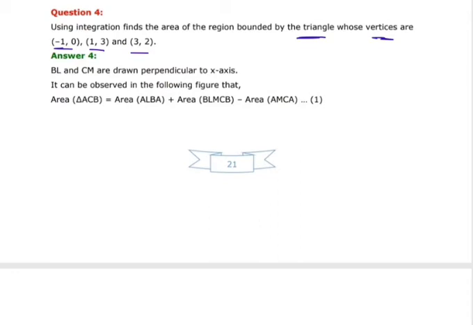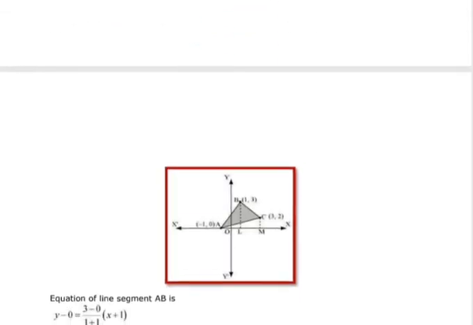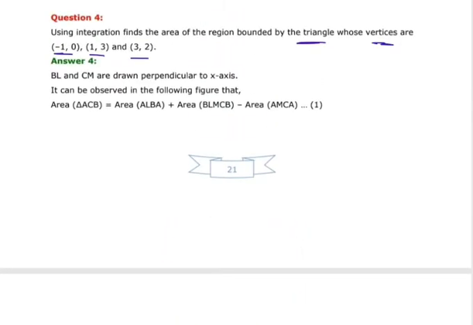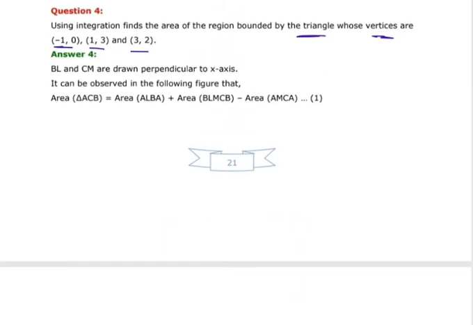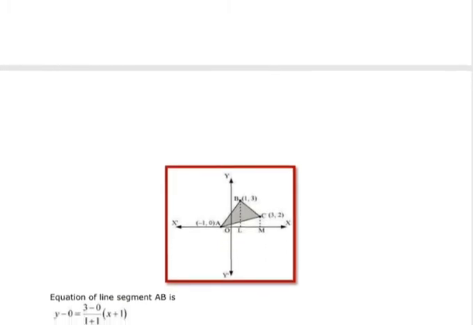So let's see, we have a triangle C. So BL and CM are drawn perpendicular to x-axis. We have plotted the graph by using the vertices. So when we are taking perpendicular, BL is perpendicular and CM is perpendicular to x.